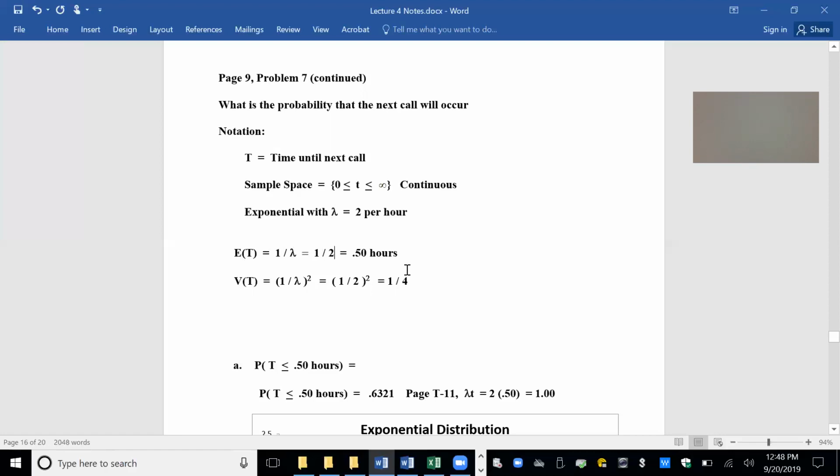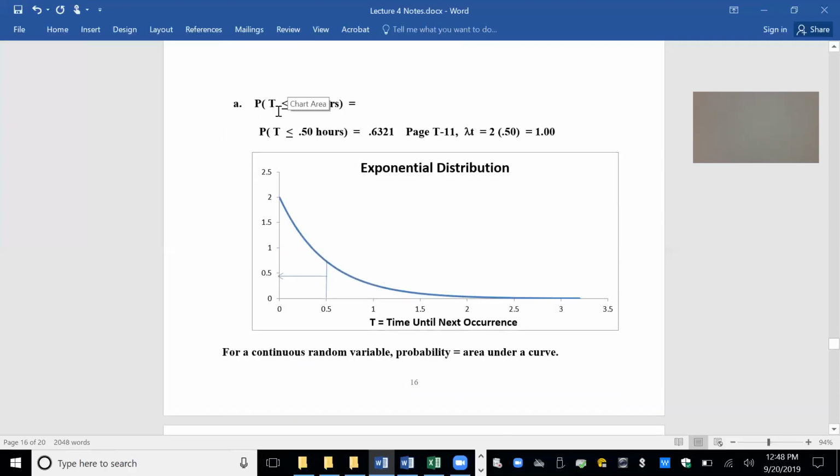Since they're coming in 2 per hour, they come in every half hour. Makes sense, huh? The expected time we have to wait is half an hour. What's the variance? The formula is 1 over lambda quantity squared. I want to know what's the probability that we get a call coming in within the next half hour, for example.